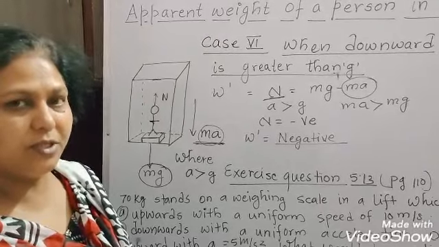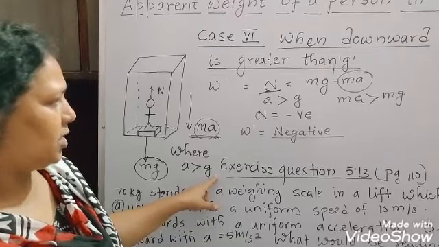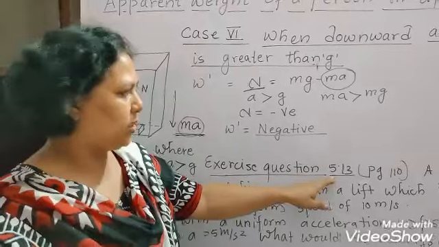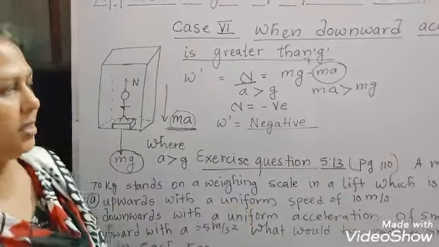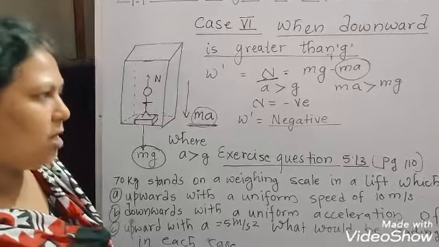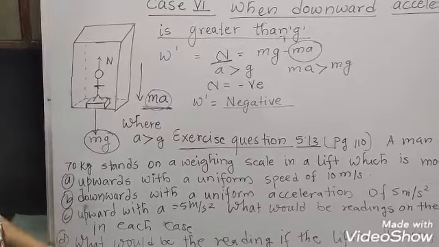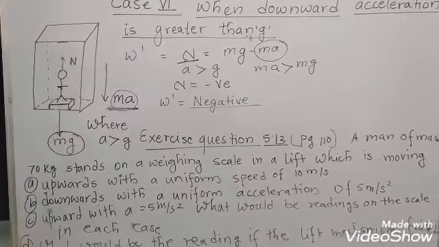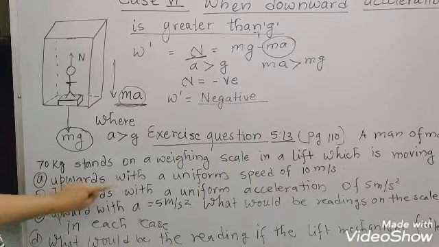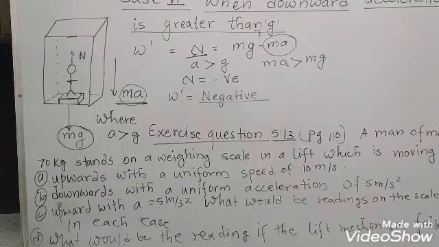On the basis of these cases, I am giving you an exercise question, that is 5.13 given on page number 110, that you have to solve. It is given in this question: a man of mass 70 kg stands on a weighing scale in a lift which is moving, first case, upward with a uniform speed of 10 meter per second.